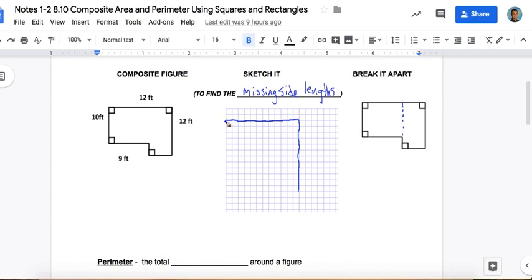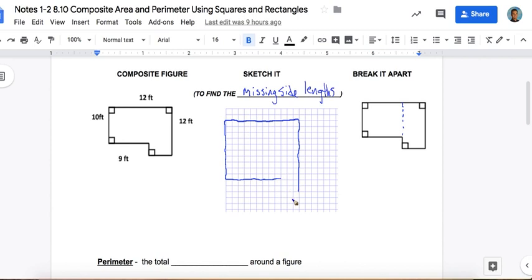And then I'm going to go 10 down. 1, 2, 3, 4, 5, 6, 7, 8, 9, 10. And then I'm going to go 9 over. 1, 2, 3, 4, 5, 6, 7, 8, and 9.